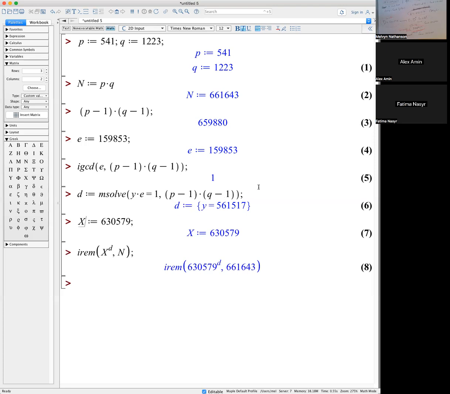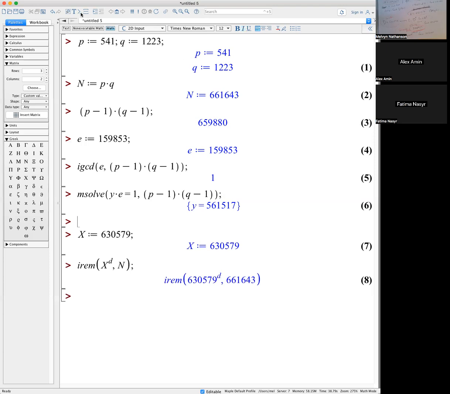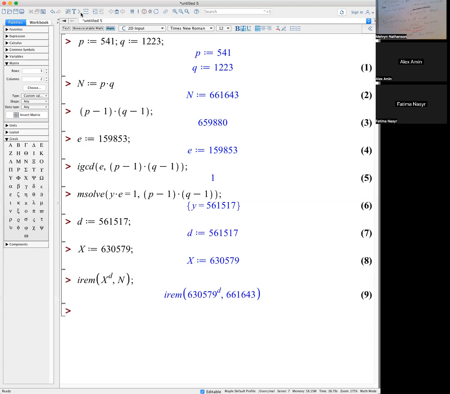Check if this is good. So D is going to be the number 561,517. Okay. And this is X. And so X to the D, this is, all right, so that's 206,484. So that's exactly what I got.